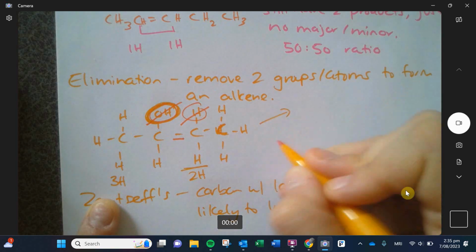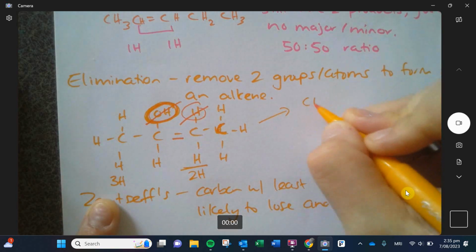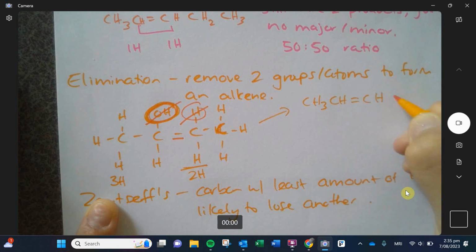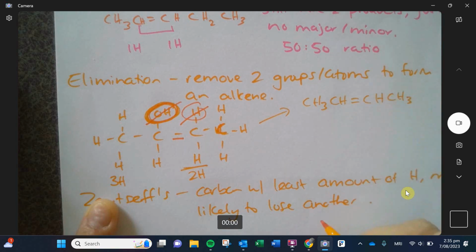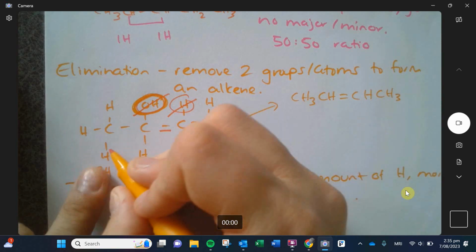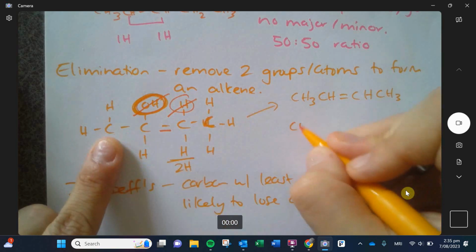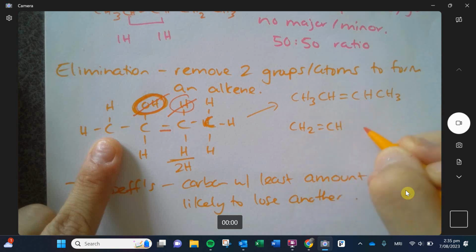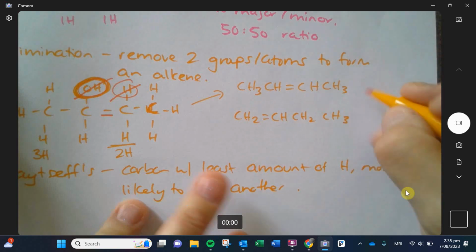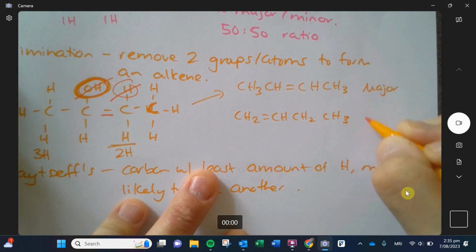So again, we have 2 products. We have CH3, CH, double bond, CH, CH3 as one product. And then our second product has the double bond instead forming on carbon 1 and 2. So again, you have the major minor situation. This one will be the major. This one will be the minor.